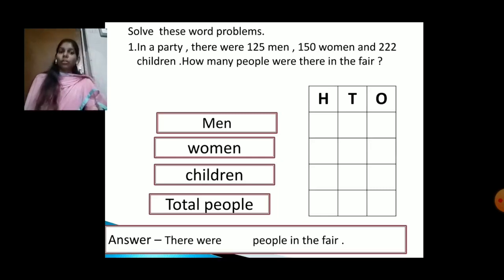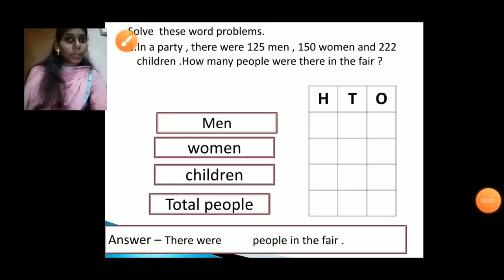Very good. Now, according to the first step, we have to read this problem very carefully. Now, you have to read the problem with me, and you have to decide the operation also. Read this problem. In a party, there were 125 men, 150 women and 222 children.